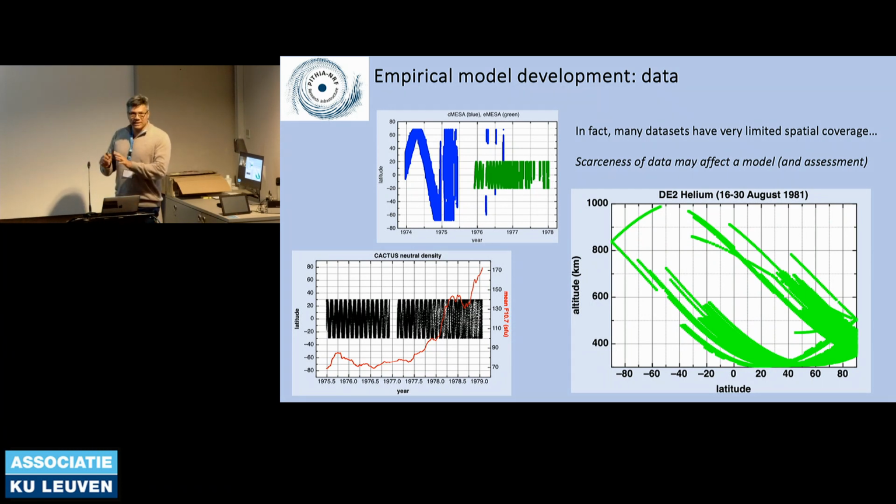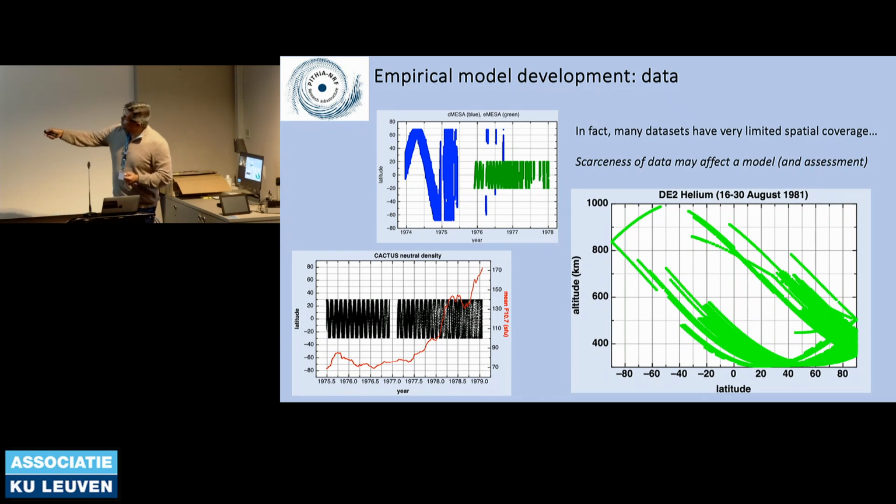It's not just the fact that we have this big hiatus in the middle, but if you look closer at each of the data sets, you see that the distribution within each data set is very unequal. So these are the old data, 70s and 80s. What you see here of the CNES satellite, the EMESA satellite, this was an eccentric orbit, so you see here the coverage of latitude over time, so you have unequal latitude coverage.